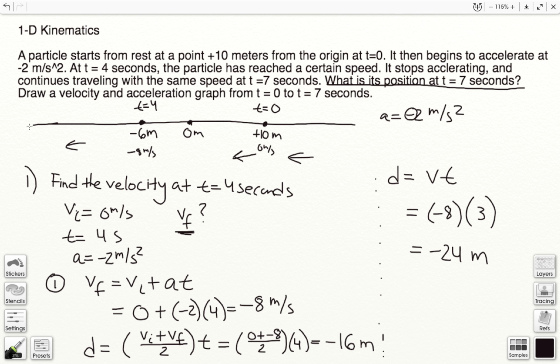If I continue drawing this line, I've gone negative 24 meters from negative 6 in this direction. So my final position at t equals 7 seconds will be negative 30 meters.